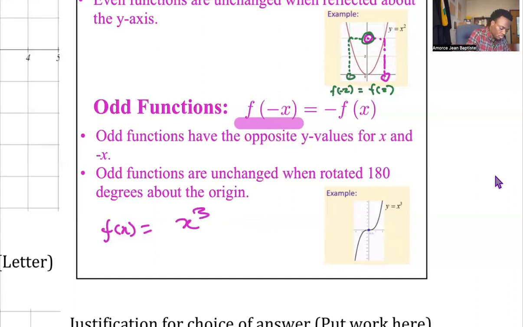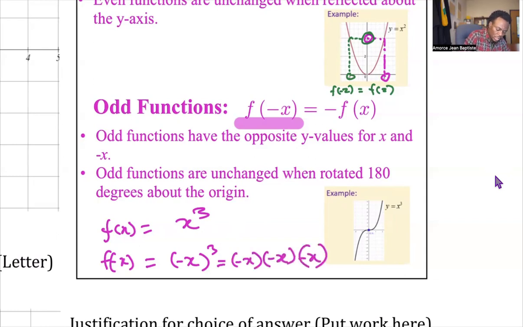So we're going to try to find f of negative x. That means it's going to be negative x to the third, right? That's negative x times negative x times negative x, which is positive x squared times negative x, so negative x cubed.